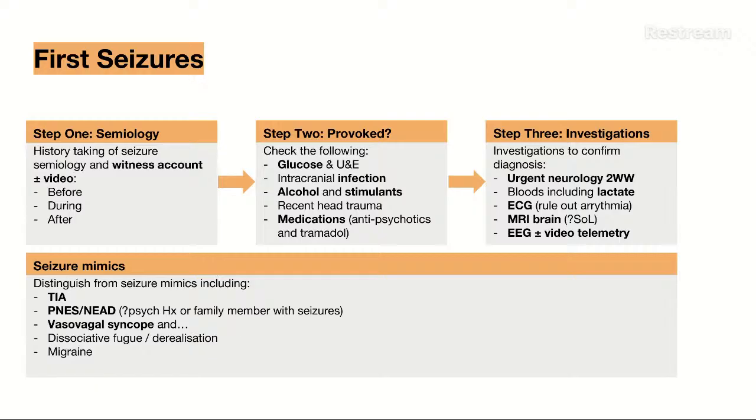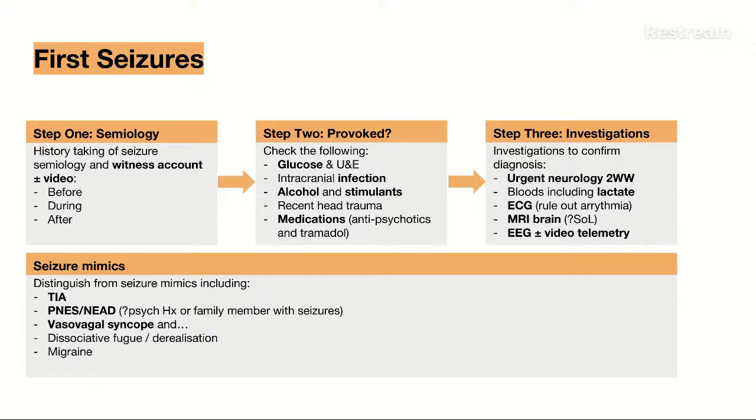Once provoked causes have been considered, we should undertake investigations to support the diagnosis and identify any underlying pathology. Patients with a suspected first seizure should be referred urgently to a specialist, typically within 2 weeks. Blood tests are performed to identify metabolic abnormalities.